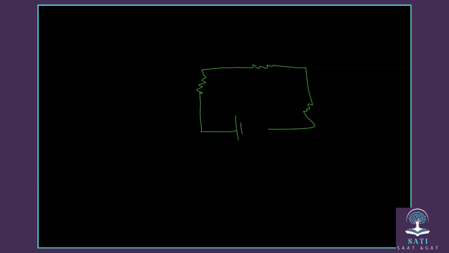The current moves through them until it moves back to the source. So here we have three resistances. You have different types of circuits based on how many paths there are for the current. The conventional current: this higher, longer side is positive, and this one is negative.